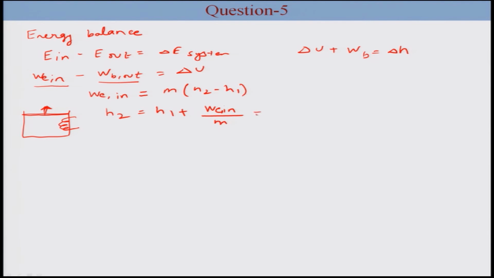Now we know all the values. We can put H1 is 439.36 plus electrical work input is 1400, mass is 7.639. So this comes out to be 622.63 kilojoule per kg. So now we know the enthalpy at state 2.